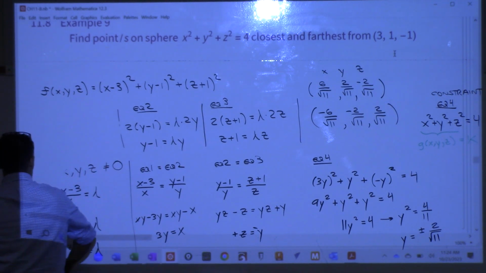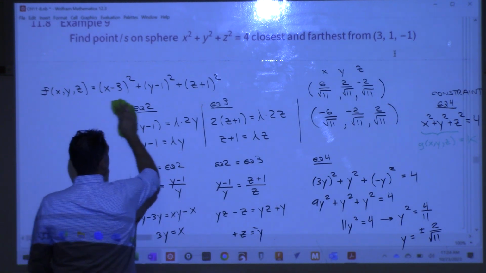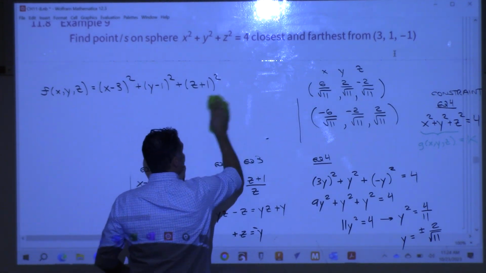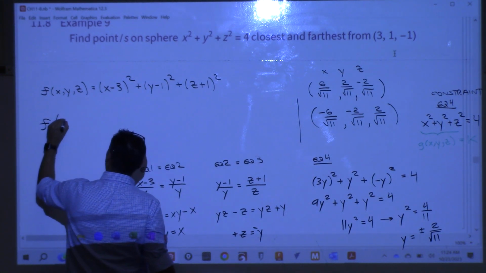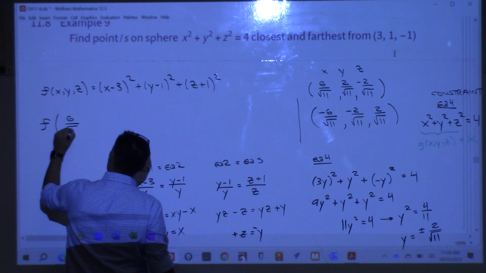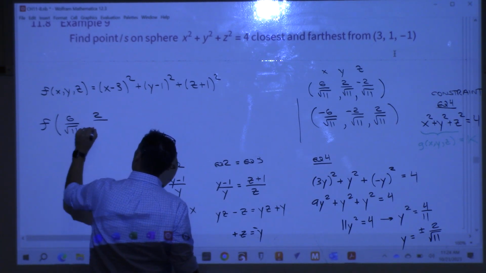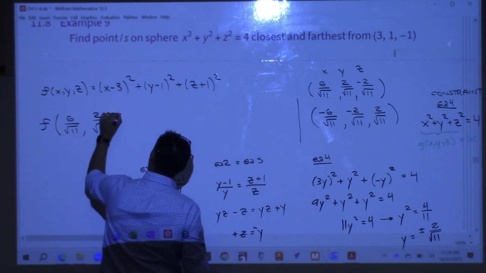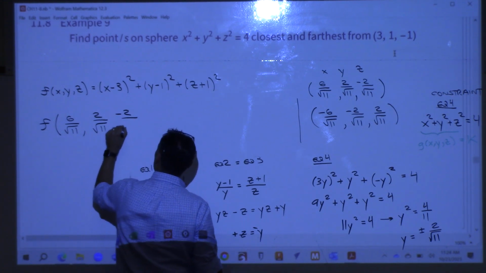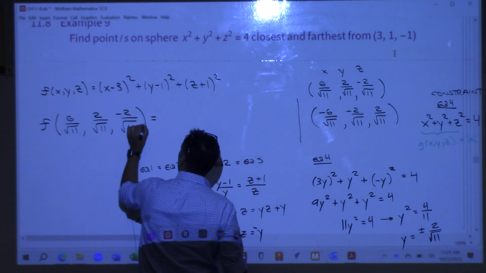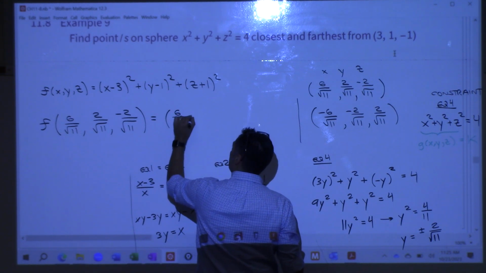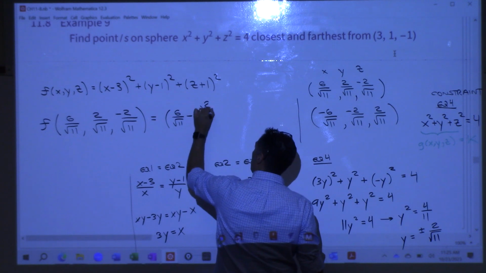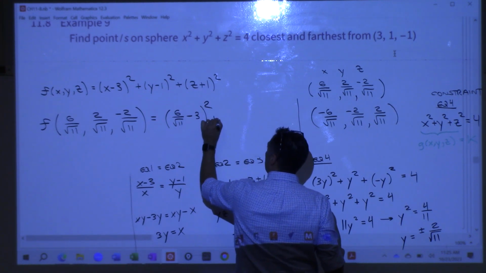Let's start with, so now I'm going to check it. What happens if I take f and plug in, I'm probably going to need a calculator for this because these are not nice numbers. If I plug that in, I have to do 6 over root 11 minus 3, squared, plus and so on.